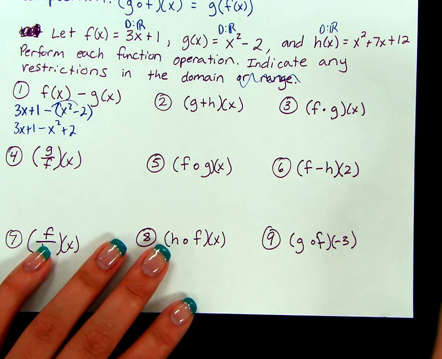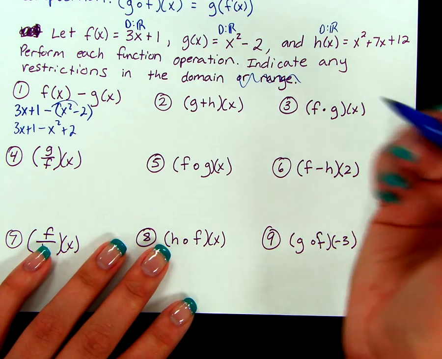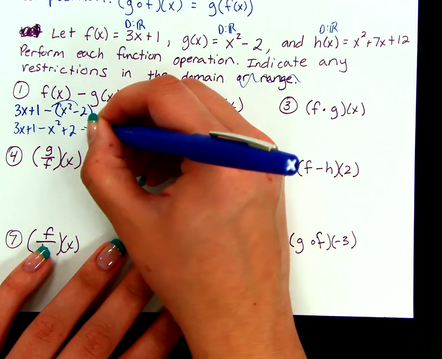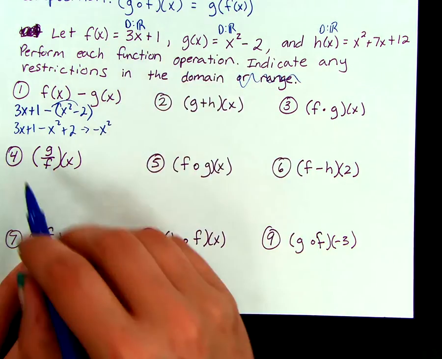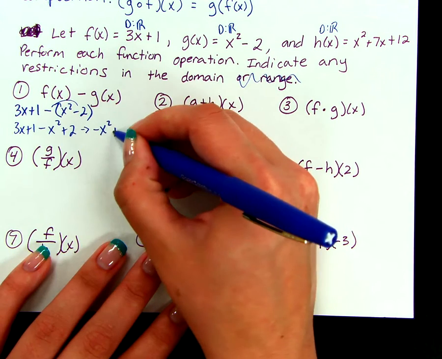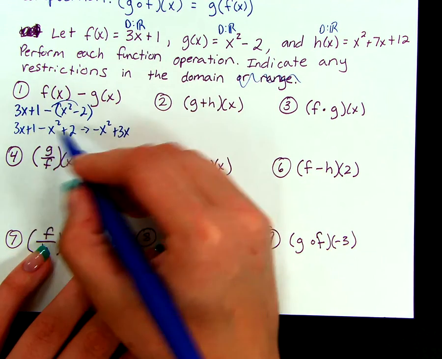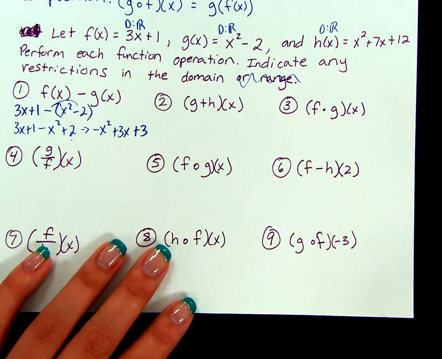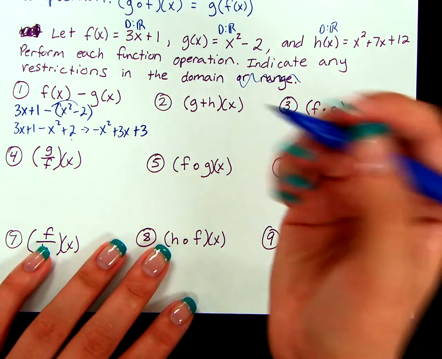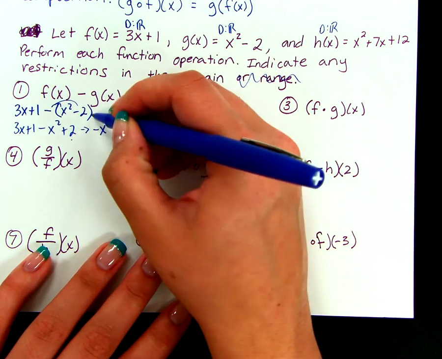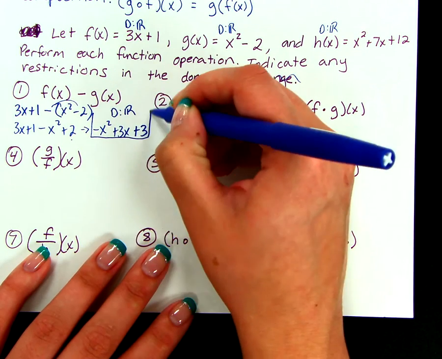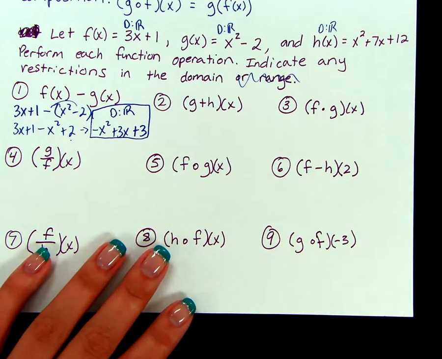Then we're going to write it in standard form and say what the domain is. In standard form, we'll have a negative x squared, plus 3x, and then positive 1 plus 2 is a positive 3. Again, we have a quadratic equation, so the domain for this has to be all real numbers. This would be our final simplified answer.